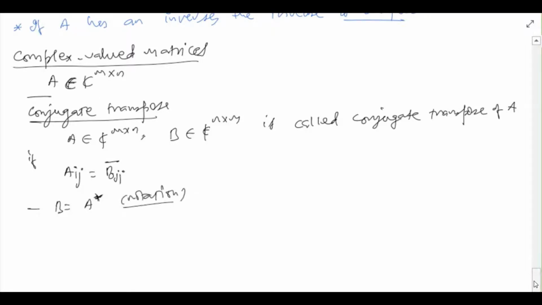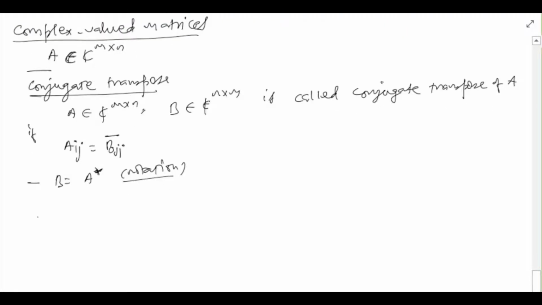Analogous to the notion of symmetric matrices, in the context of complex valued matrices, we have the concept of Hermitian matrices. Let's see what these are.